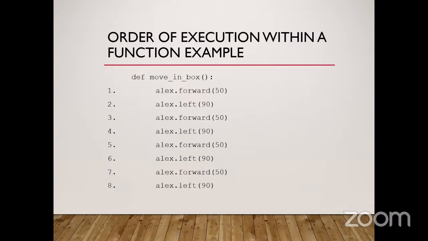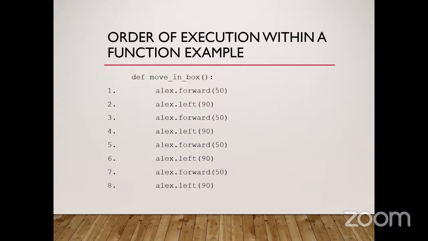So ignore these numbers except for the order of operations. The 1 through 8 is just something I put up there to show you the order of operation. Or it'd be like your line numbers. So we're going to define it. Special case, again, when we define loops, when we define functions, we end the line with a colon. If it doesn't automatically indent when you go to the next line, you left the colon off.